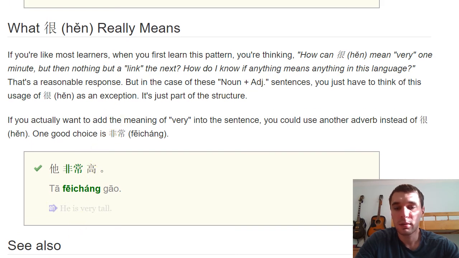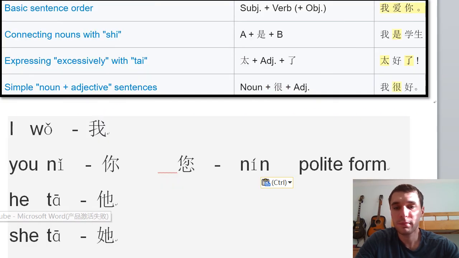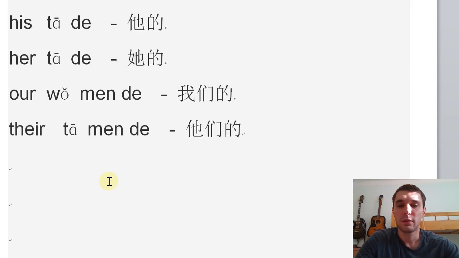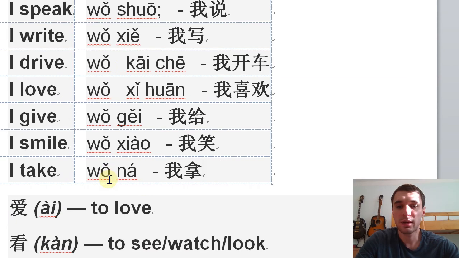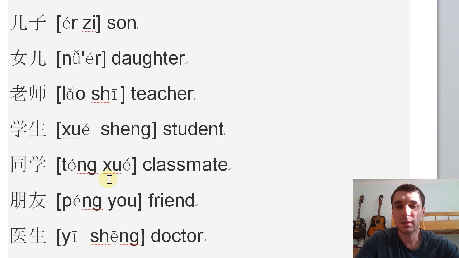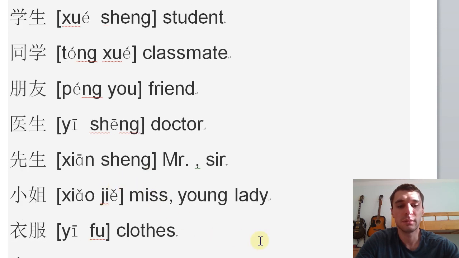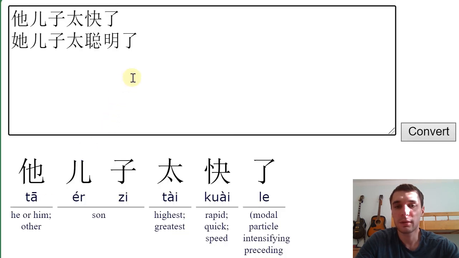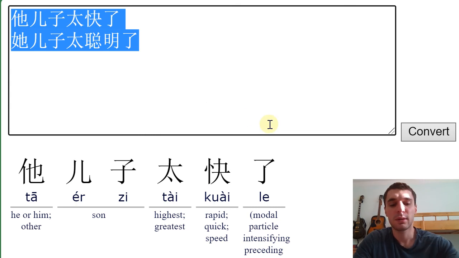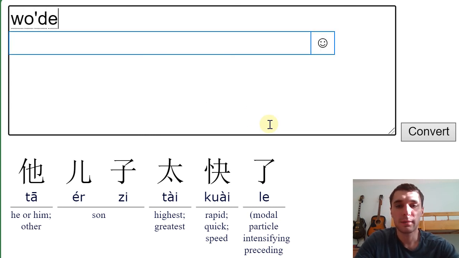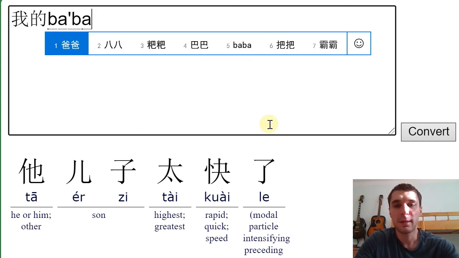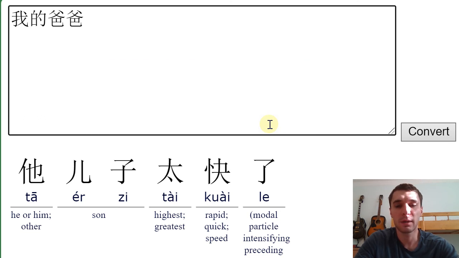Let's talk about some exercises. For example, can you say that my father is very tall, right? Let's try to write how to say my. 我的 father, 爸爸, 我的爸爸, right? But with family members, I can just not use this. 我爸爸 very tall.